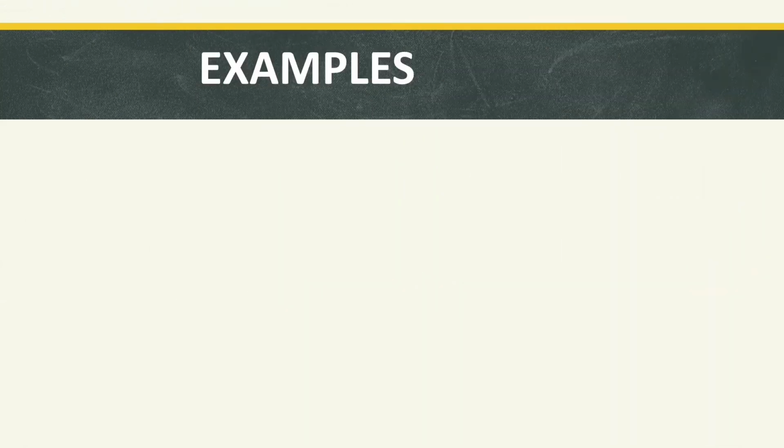So let's just check out these examples. Now, is minus 3 by minus 5 a rational number? If you see, the numerator is an integer, denominator is an integer, and denominator is not equal to 0. Therefore, minus 3 by minus 5 is rational. How about 7? Is 7 a rational number? Yes, I can write the 7 as 7 by 1, where 7 is an integer, 1 is an integer.